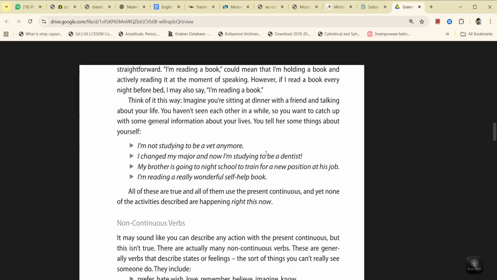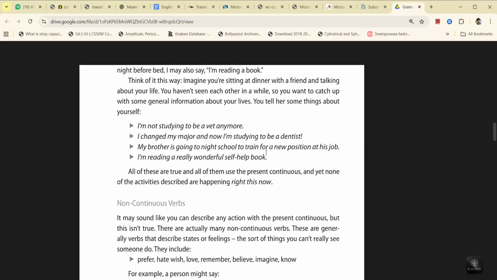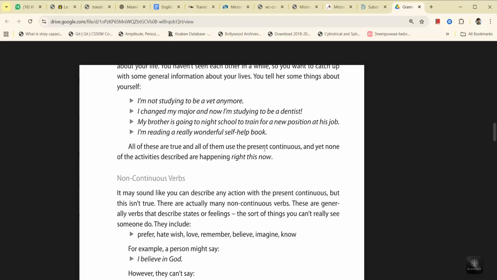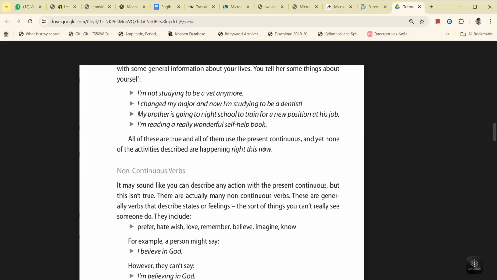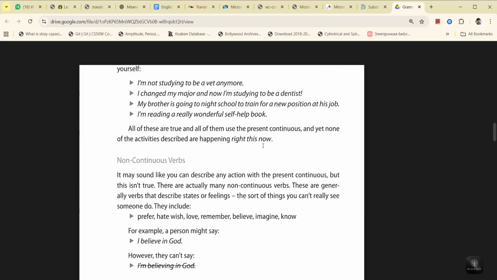You tell her something, for instance: I'm not studying to be a vet anymore. I changed my major and now I'm studying to be a dentist. My brother is going to night school to train as a newcomer.